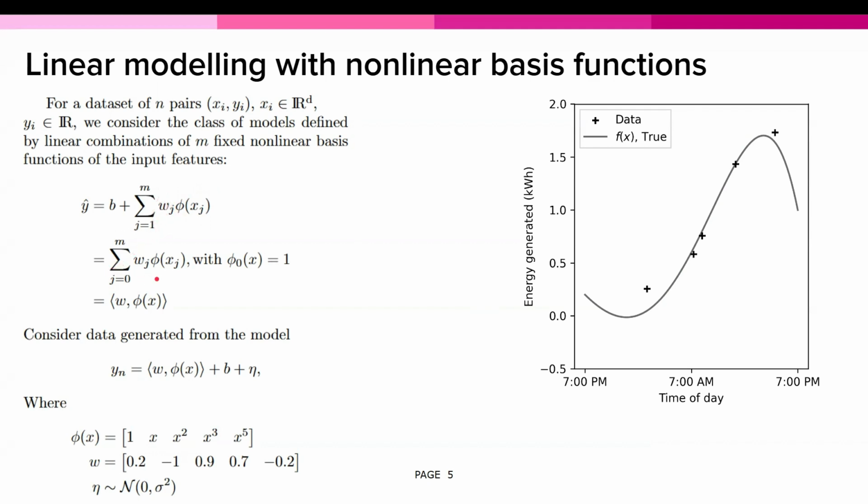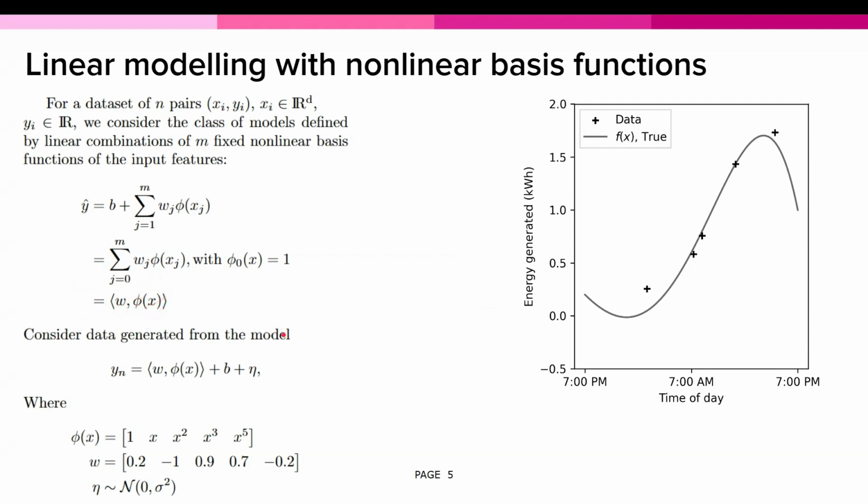Another way is you could assume a dummy basis function of 1, and then roll the bias into your linear combination. So this is the padding trick that we've seen before. And so then, if you have that dummy basis function, your modeled output is just the inner product between the parameter vector w and your set of basis functions phi of x.